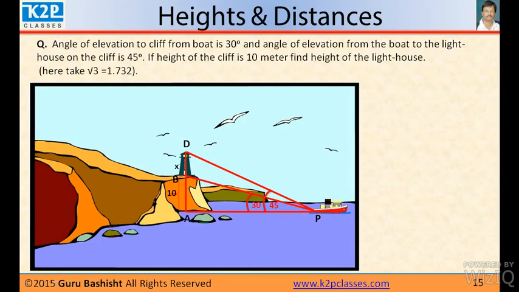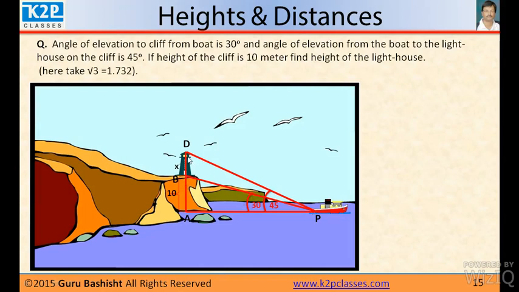Again boat, lighthouse. Angle of elevation to cliff from boat is 30 degree. From here, from the boat, it is given 30 degree. And angle of elevation from the boat to the lighthouse is 45 degree. So the bottom of the lighthouse or top of the cliff, the angle of elevation is 30 degree.